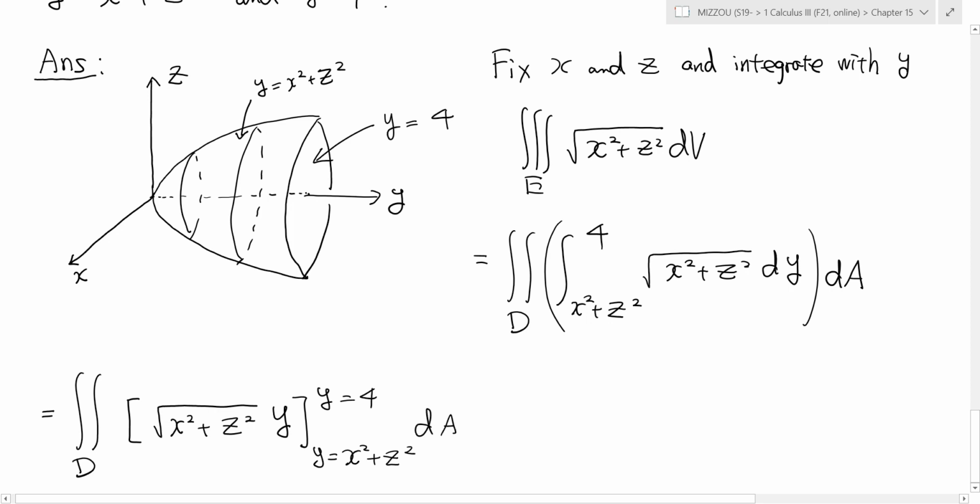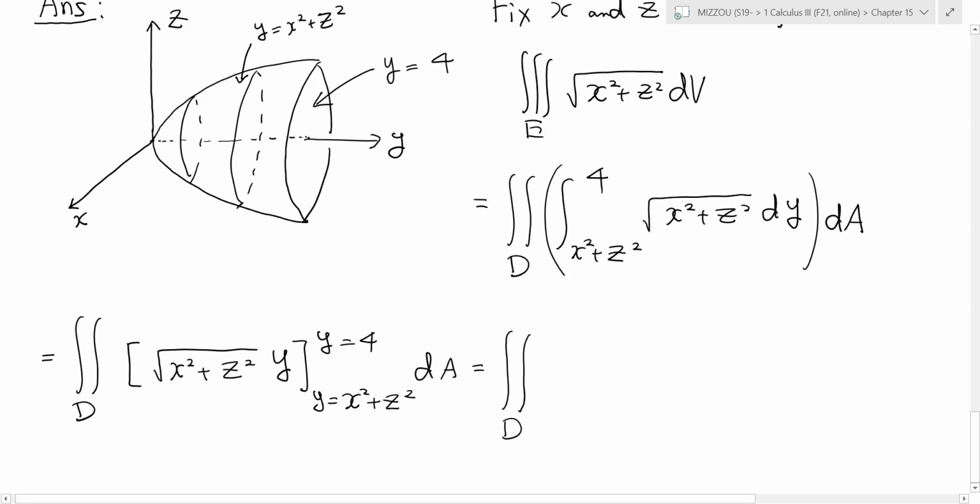And then this is written as the double integral of root of x squared plus z squared times 4 minus x squared minus z squared dA. I'm sorry, this is a square root. Okay, and then we have to figure out what D is.